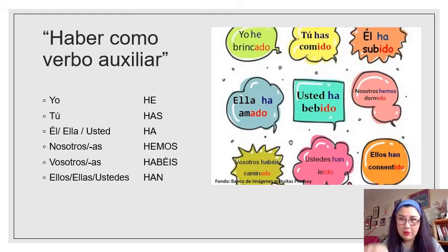So look at this bubble, the bubbles with examples. The first one, let's see here. Yo he brincado. Brincado is the verb to jump, brincar. So I have jumped. Yo he brincado. So let's say that you have jumped the bungee.